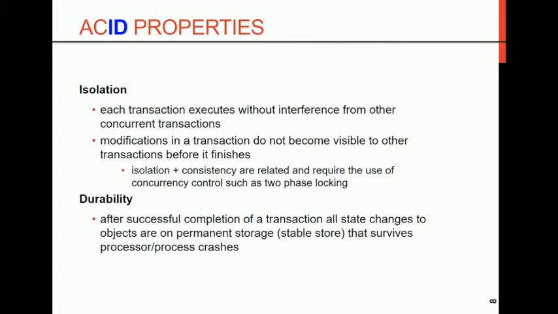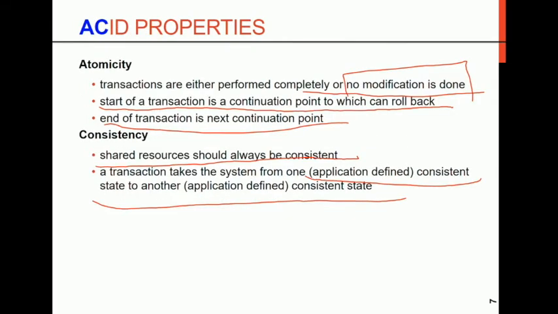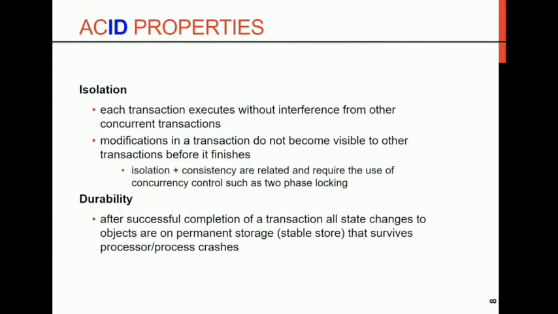So the other properties are isolation and durability. So isolation is a way to achieve the last two properties, or essentially to achieve this property of consistency. So the one way in which we want to achieve consistency is isolation.